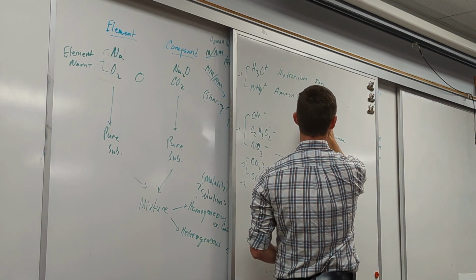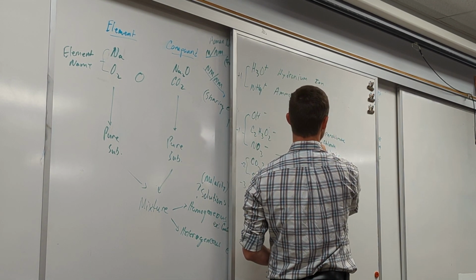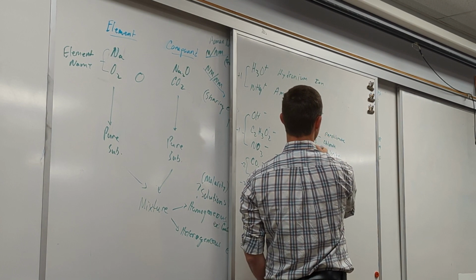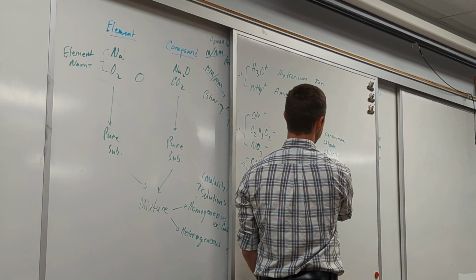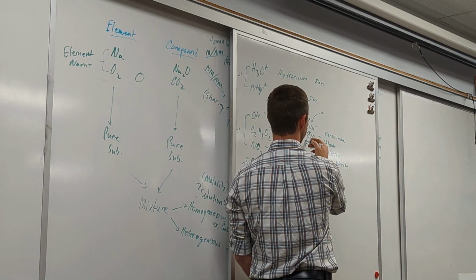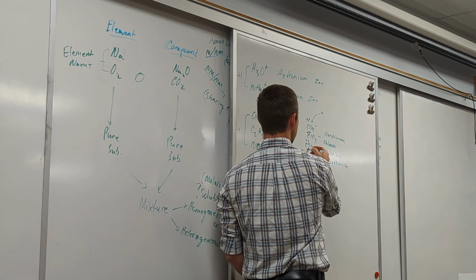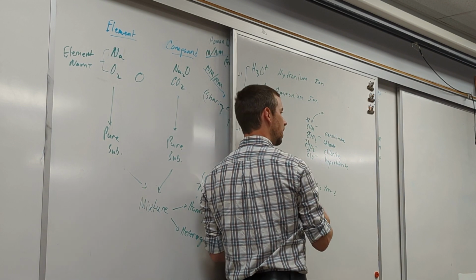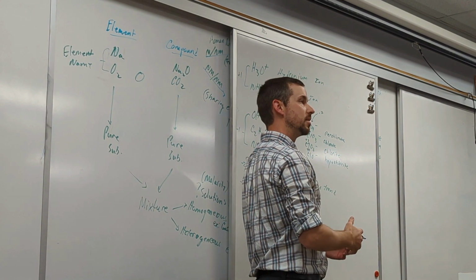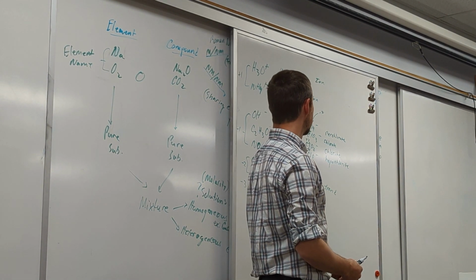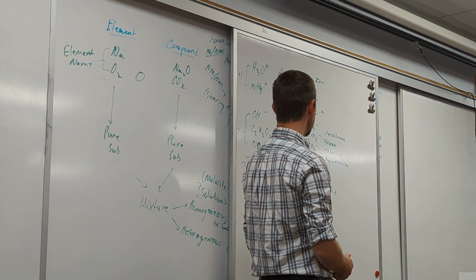So +7 plus -8. What's the oxidation state of chlorine in the next one? Positive 5. There's a trend. Positive 3, and positive 1. So does the oxidation state of the atom in these compounds change? Absolutely, it has to, if these charges are remaining the same.